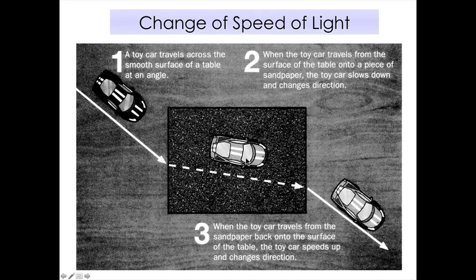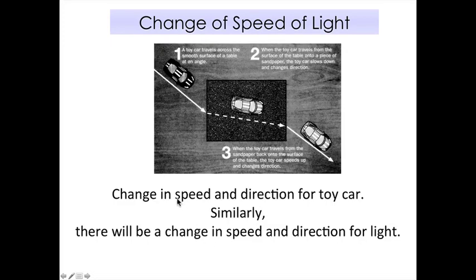If you cannot, do not worry, you can ask in class again. Just take note that this describes the car changing speed and direction. So there will be a change in speed and direction for light as it travels from one material to another. This is an analogy.